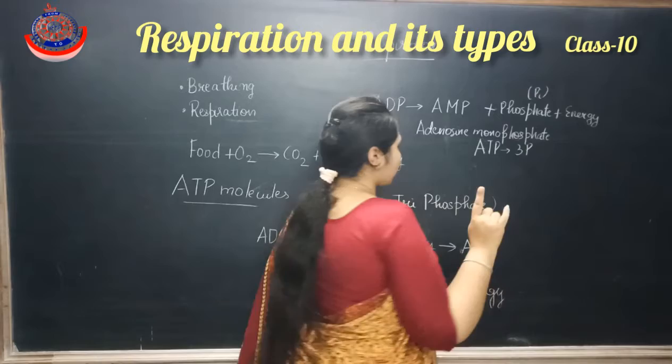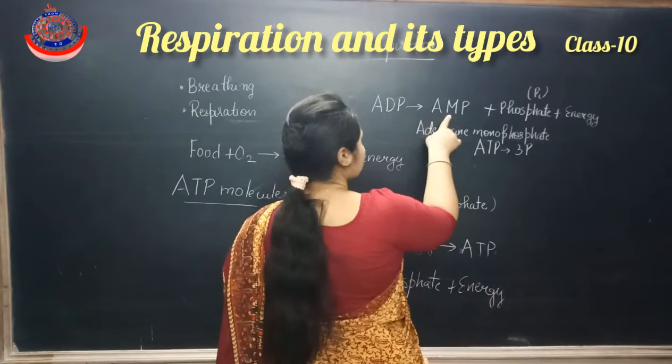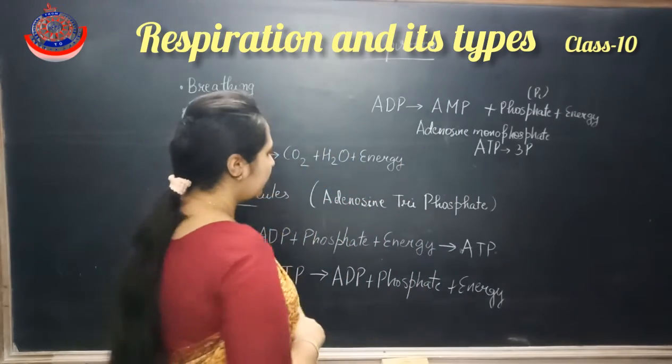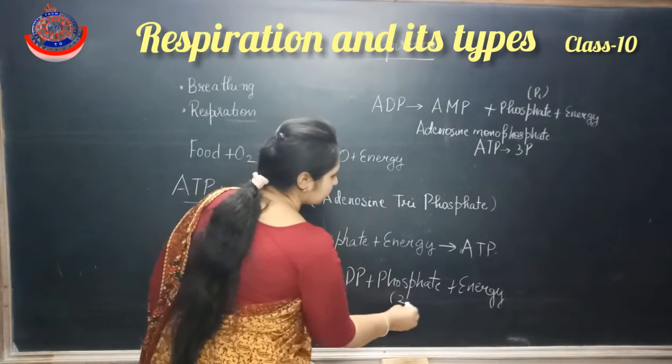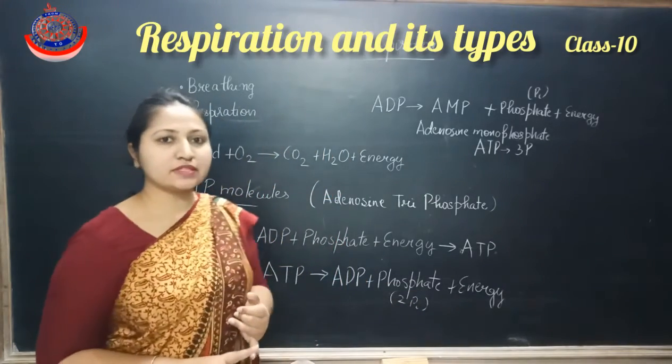Only one phosphate is released here, and in AMP only one phosphate is present, so that's why it is known as AMP. And here there are two Pi, meaning two phosphate molecules are present.